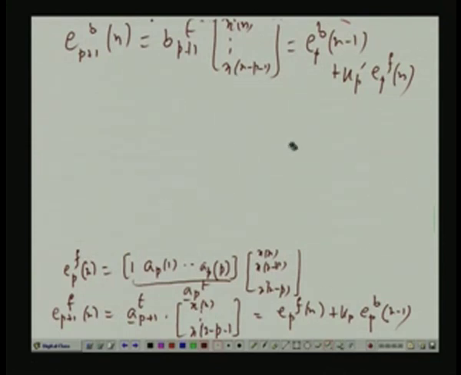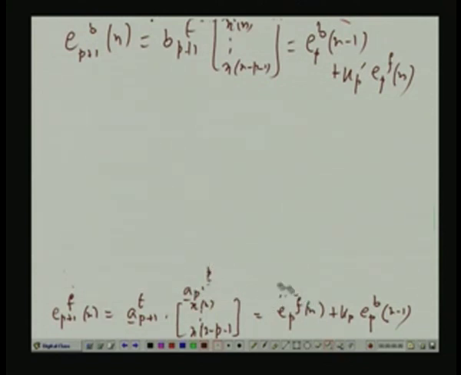you get a beautiful structure. What is the structure?